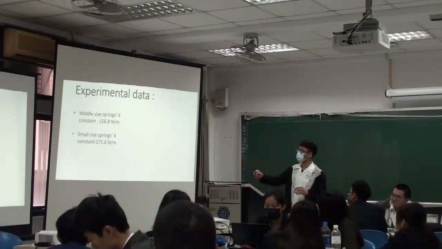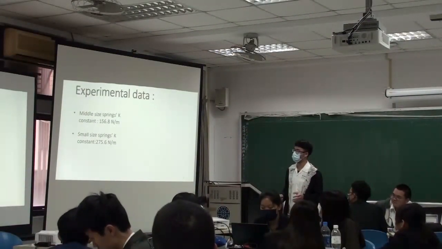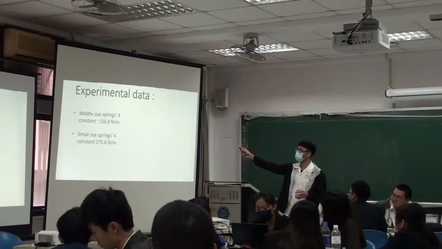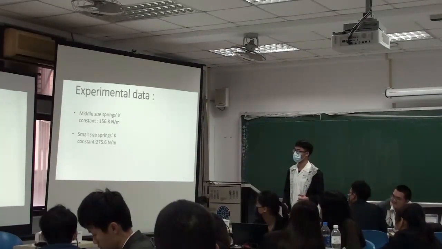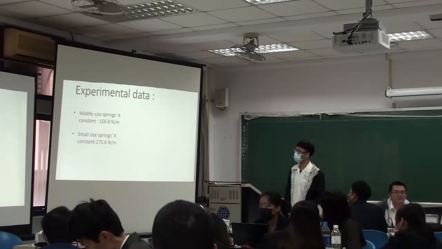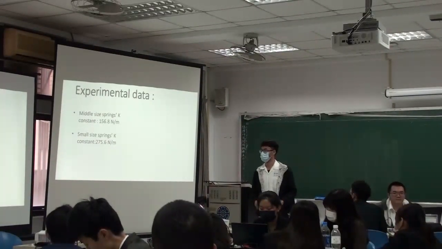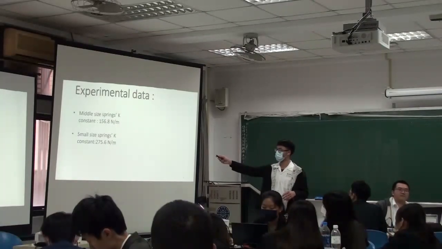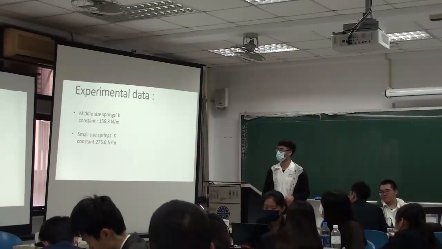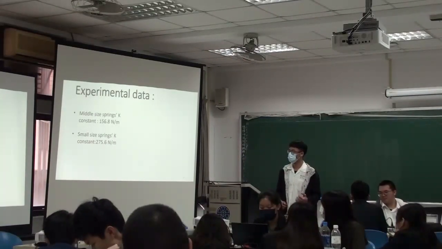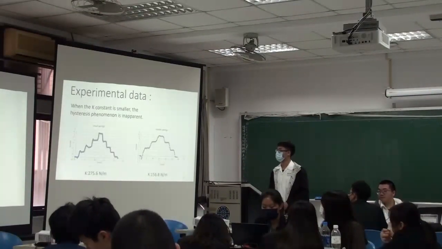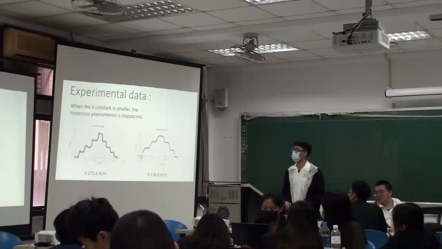We use different sizes of spring. One is a middle size spring, whose K constant is 156.8 Newton per meter, and the small size spring's K constant is 275.6 Newton per meter. This is our experimental data.